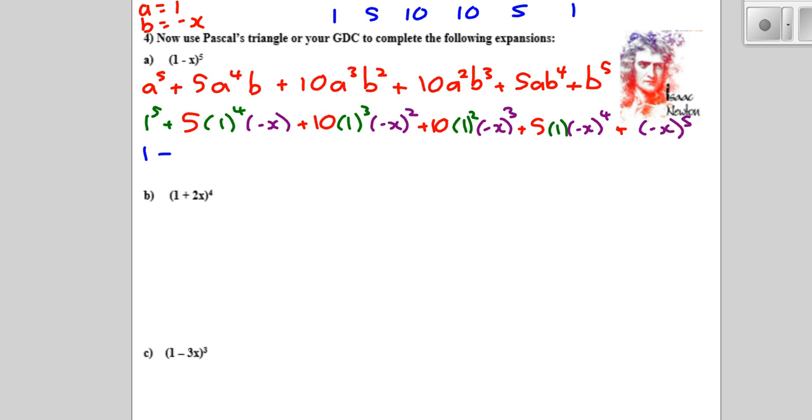What would this one become? Yep. Perfect, 10x squared. Would this one become positive or negative overall? Negative, you're right. So you have to pick up when it's in one power.